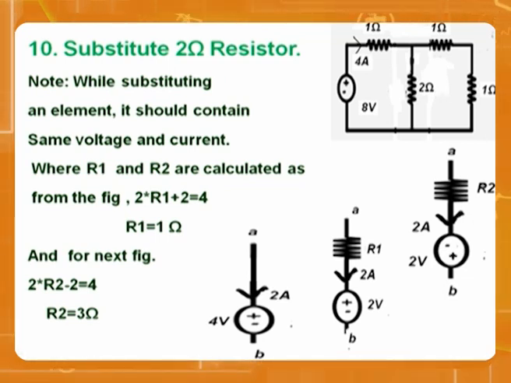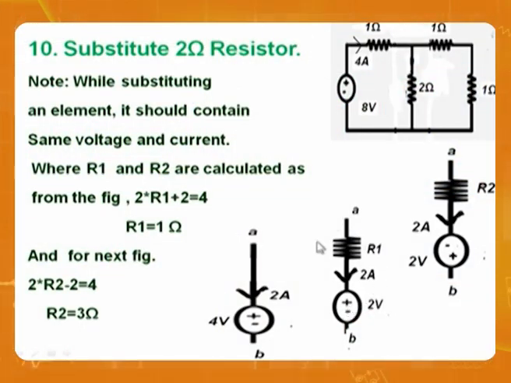Good. Now what is your responsibility is, in every substitution between A and B, you should have 4 volts, 2 amperes. This is done. Now 2 volts is here and another resistor. What I said in the theorem was, suppose you need 4 volts. In your kit you don't have that 4 volts battery. What to do? You put 2 volts battery and remaining adjust with resistor. So come on and see here, 2 volts is adjusted, remaining 2 volts I am going to adjust with resistor.